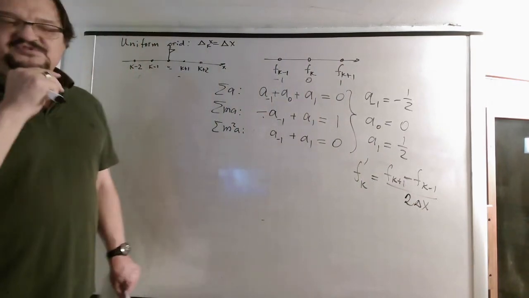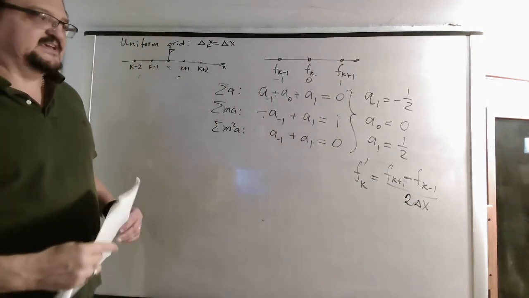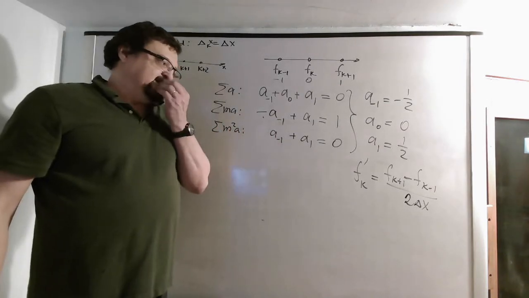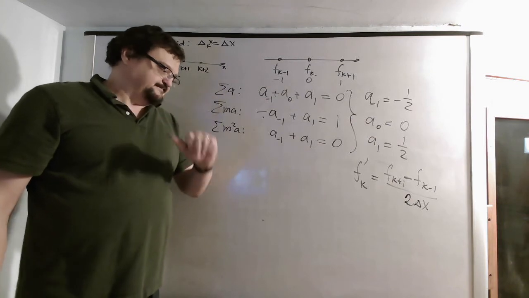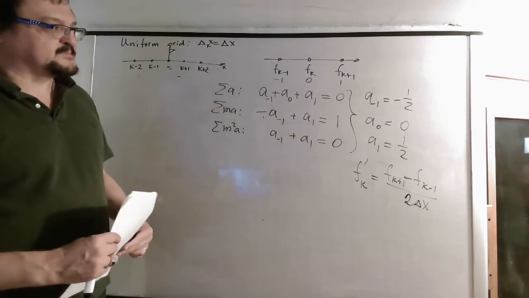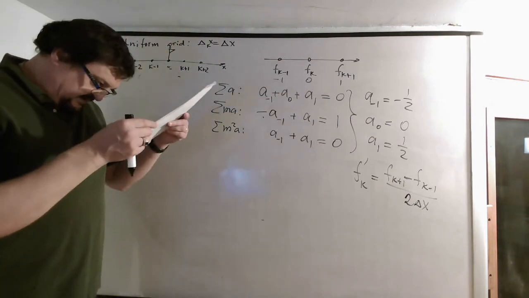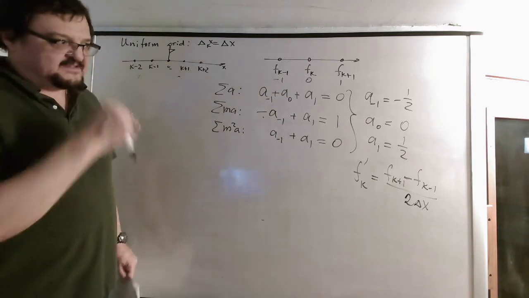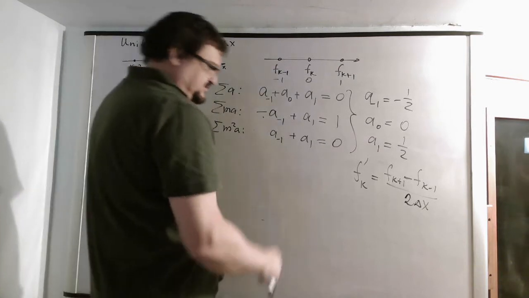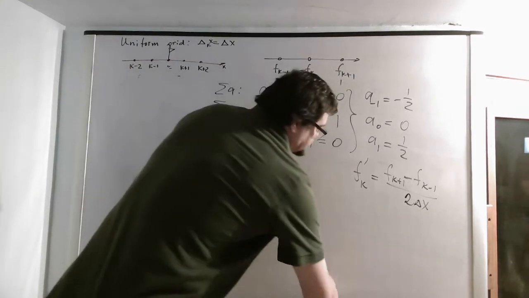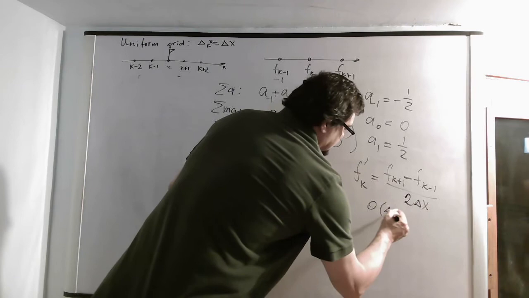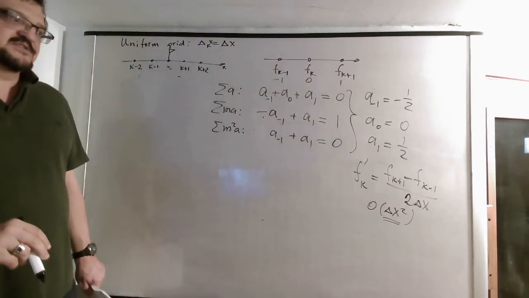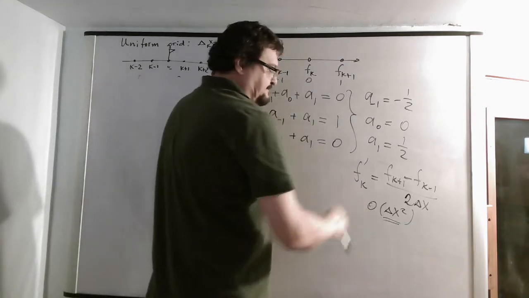This is the one that we derived before using a parabola, for the case when grid spacing was constant. So this is an example for the first derivative, and the truncation error is going to be delta x squared. So this is a second order truncation, second order accurate scheme.